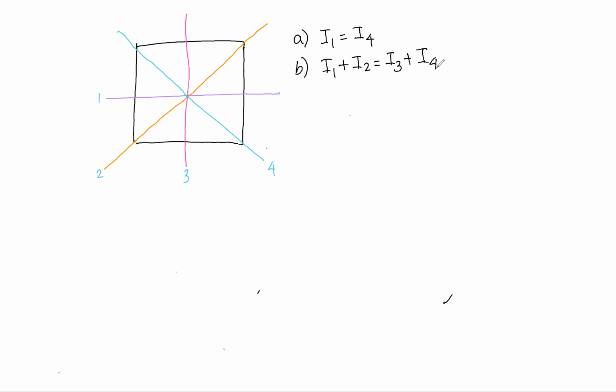Just giving you the options, you can keep reasoning. I1 plus I3 is equal to I2 plus I4. And finally, I1 is equal to I2 is equal to I3 is equal to I4. Which of these options is correct?